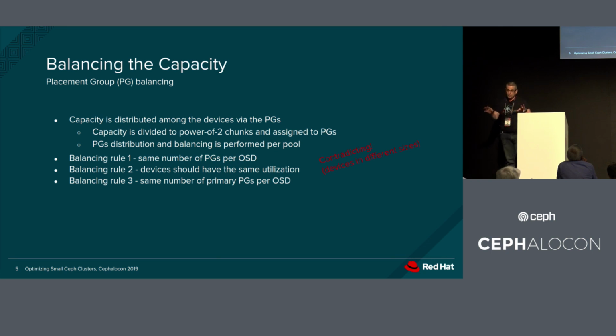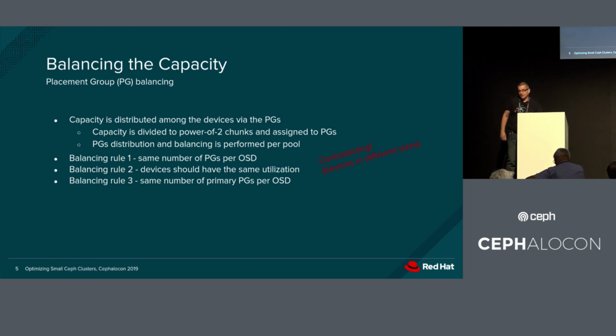Primary PGs, when we use replicas, are the PGs that perform the read operations. So if we have replica 3, each PG is mapped to 3 devices. Writes go to the 3 devices, but reads always go to the primary PG. So we want the primary PGs to be split evenly across the devices, because on heavy read loads, we want the load to split among the devices evenly.